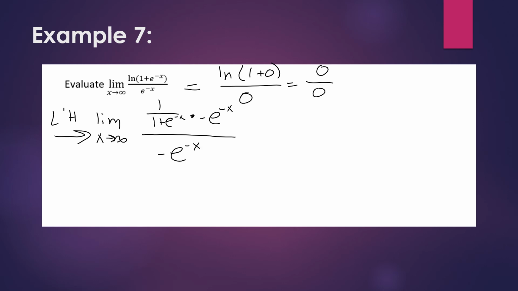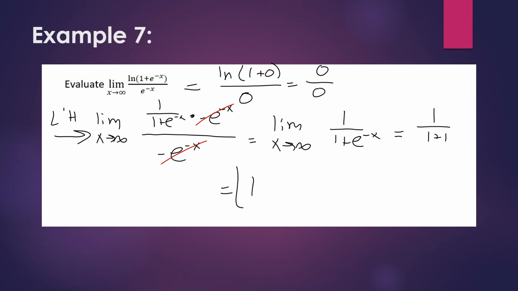Before plugging in, I actually have a cancellation right away. This will be the limit as x approaches infinity of 1 over 1 plus e to the negative x. If I plug in infinity, I'm going to get 1 divided by 1 plus 0, which is 1. So my final answer is 1.